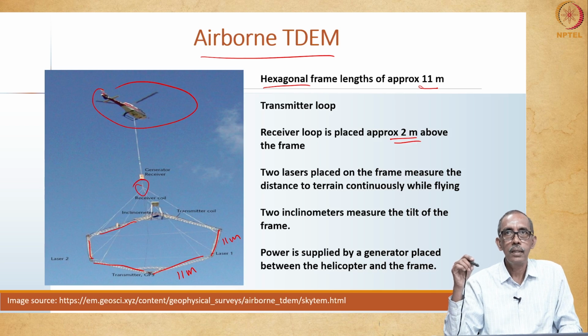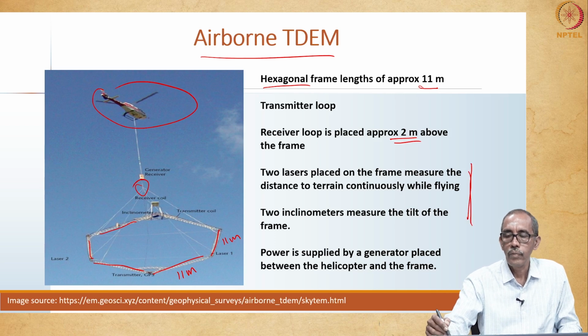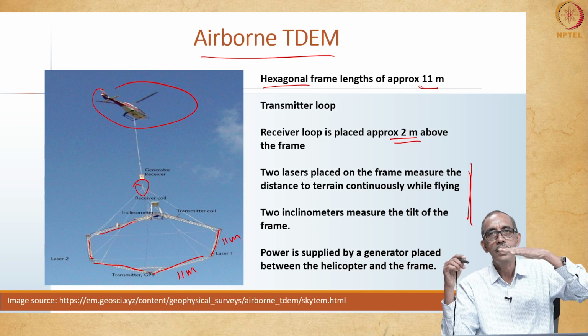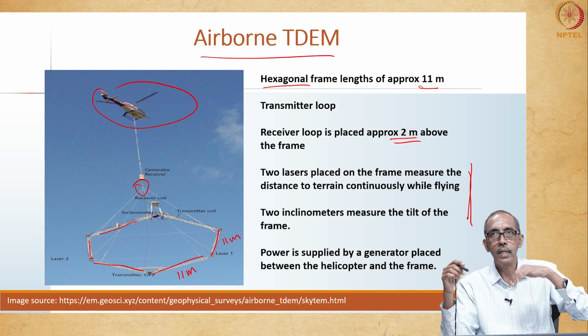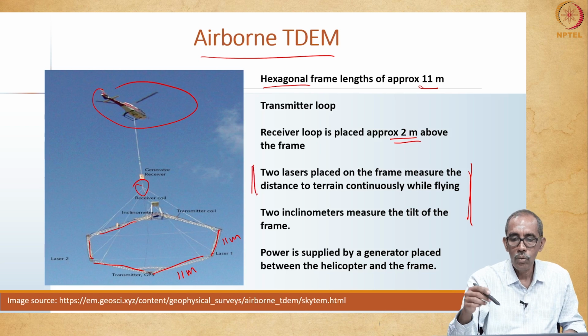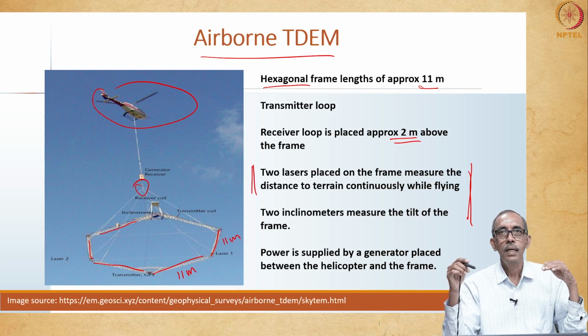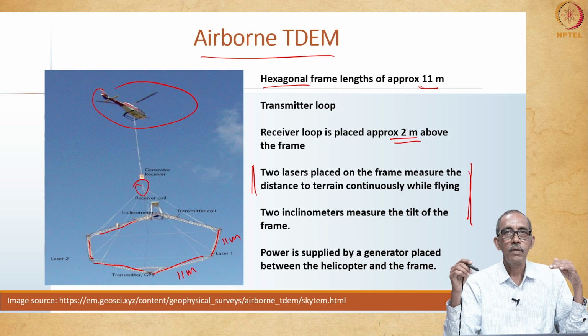2 meters above the transmitter frame, the receiver is kept, and we also have associated instruments mainly to measure whether there is any tilt in the frame during flying, right. So, that means two lasers are placed on the frame to measure the distance of the frame from the ground surface. Usually, we cannot carry it to greater altitude.